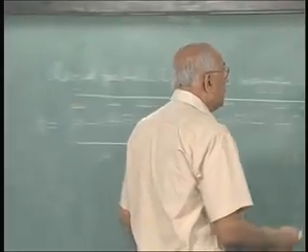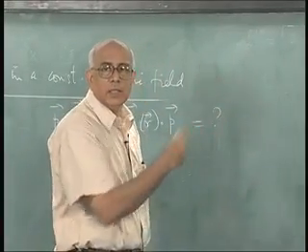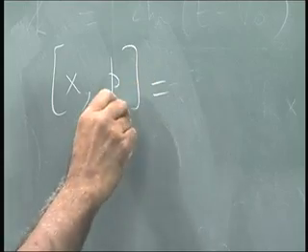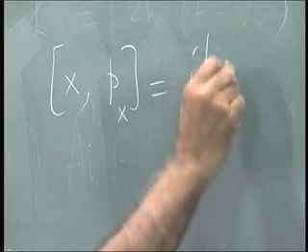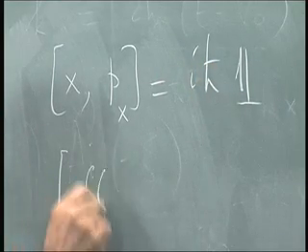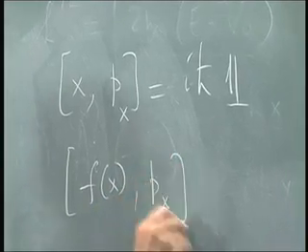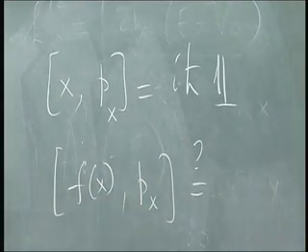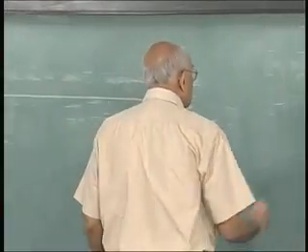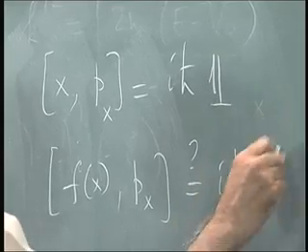Well, I can do this in 3 dimensions, but it is like asking what is the commutator of one Cartesian component x with px. This is i h-bar times the unit operator. And then the question was, what is the commutator of f of x with px? It is i h-bar times f prime of x. So this is equal to i h-bar f prime of x.